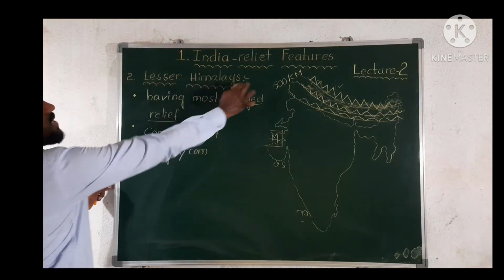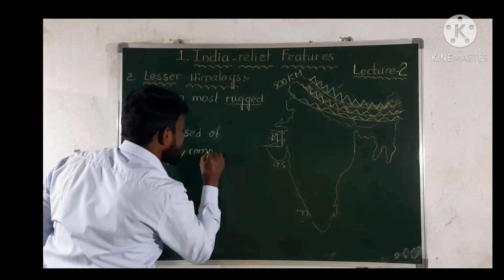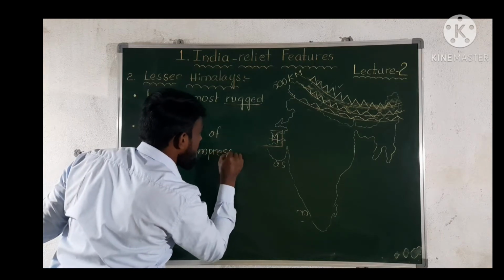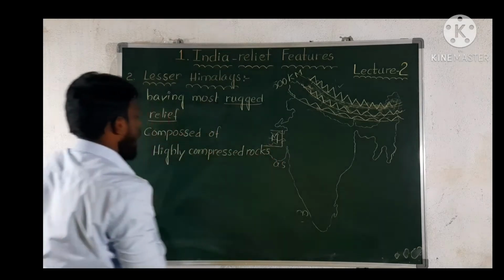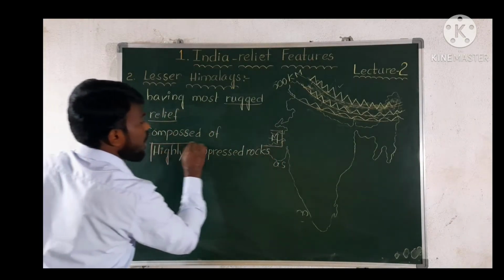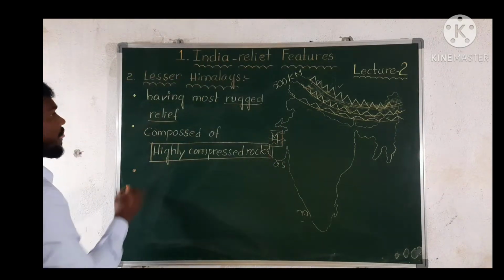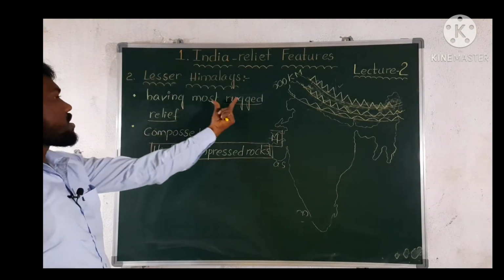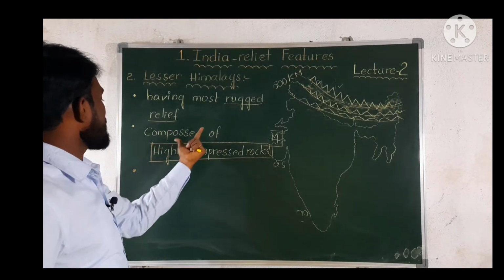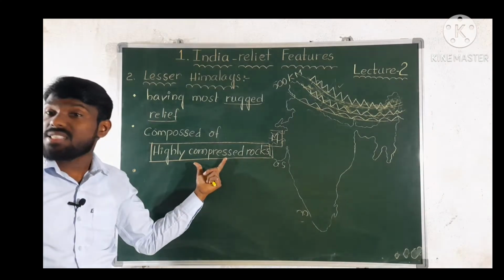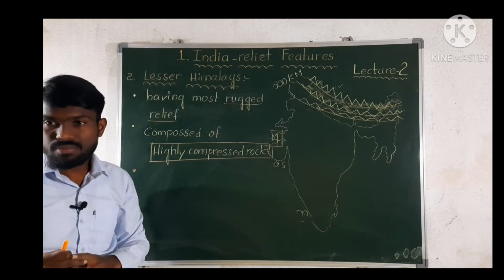But the Lesser Himalayas are composed of highly compressed rocks. So, most rugged relief, hard surface, and composed of highly compressed rocks.